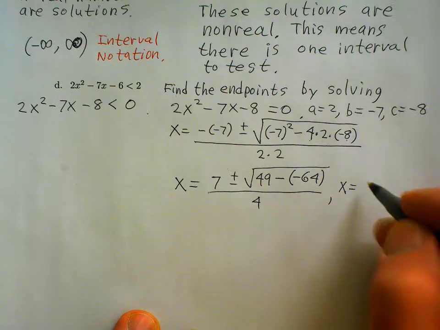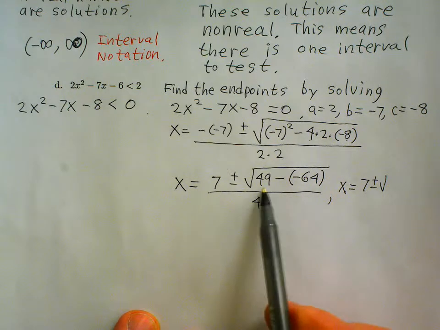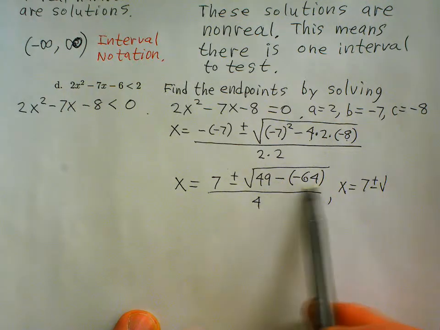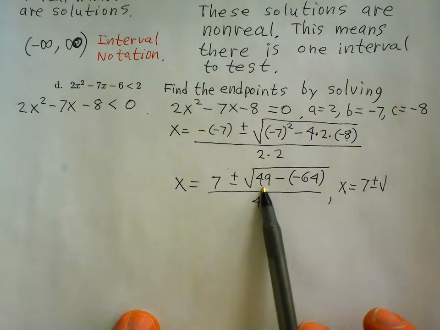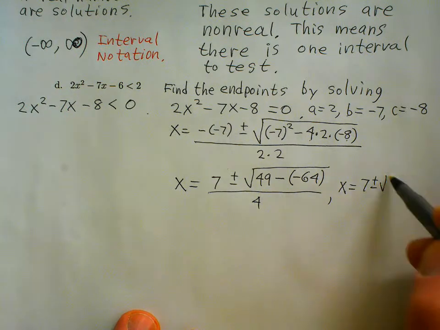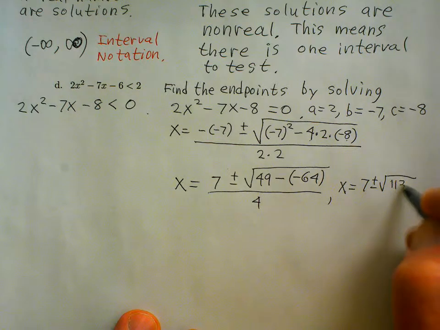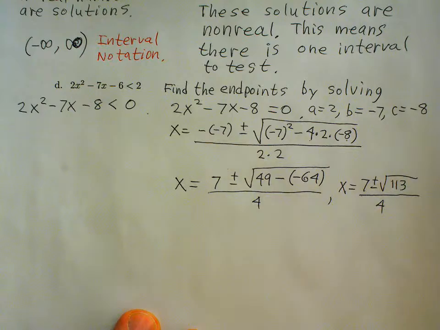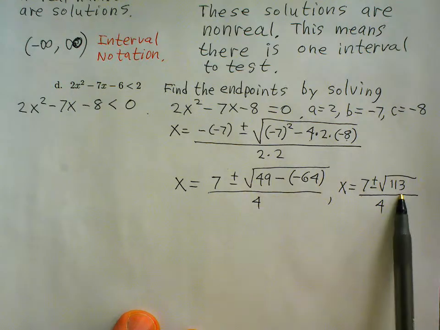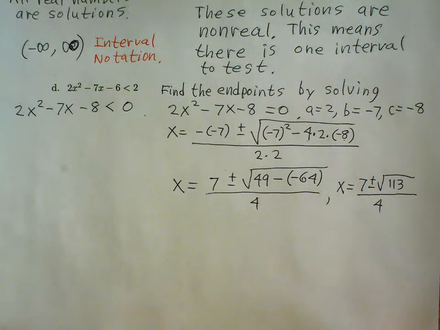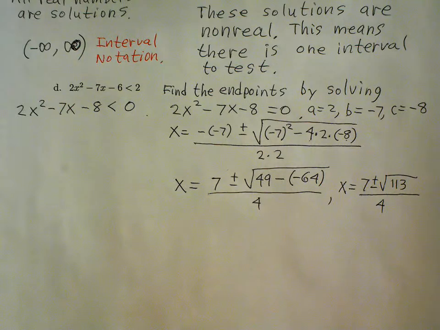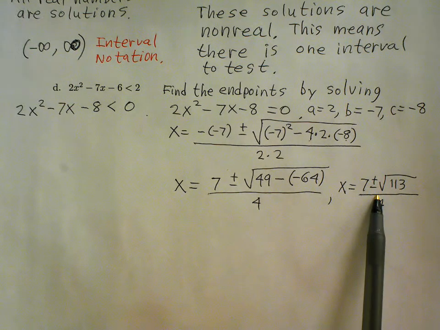And then x equals 7 plus and minus the square root of 49 plus 64, because 49 minus negative 64 is 49 plus 64. So this is the square root of 113, all divided by 4. The square root of 113 cannot be simplified, but the solutions are real numbers.